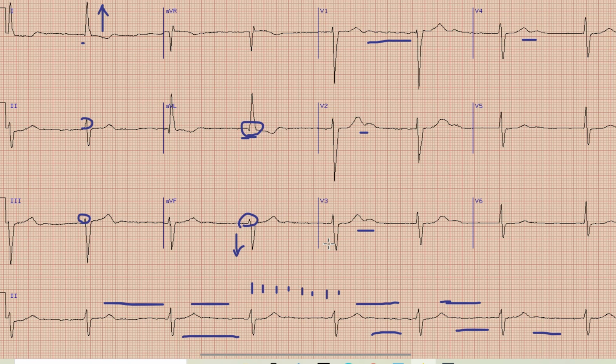Now, there could be multiple reasons for this kind of rhythm, where there is atrial fibrillation with complete AV block and junctional escape rhythm.